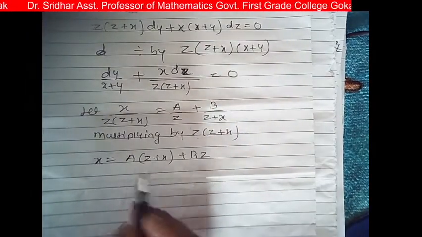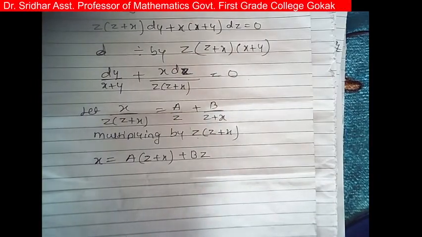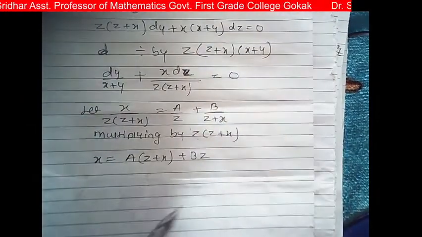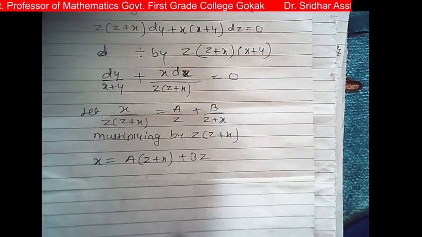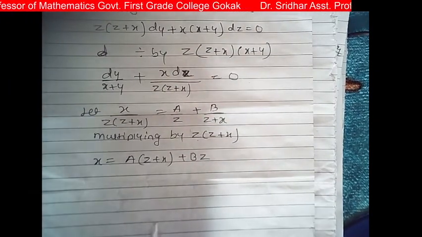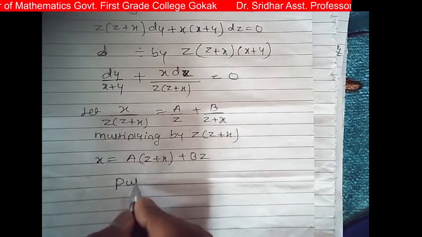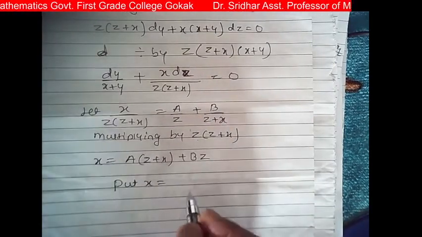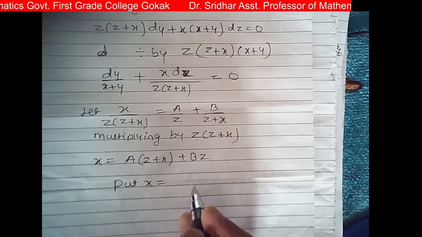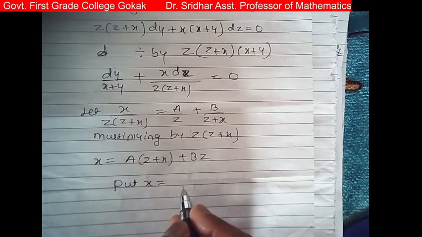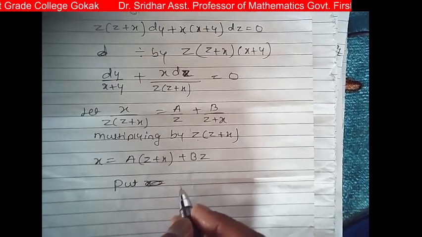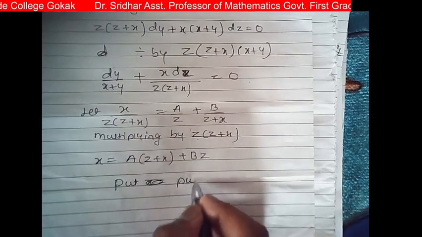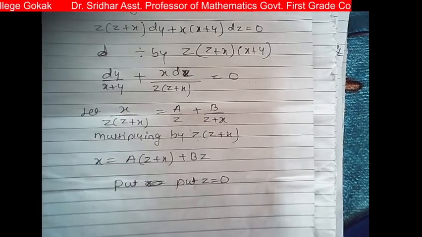Okay, so now we find the values of a and b. We find the values of a and b by substituting the suitable values. So first what we do, put z is equal to 0.